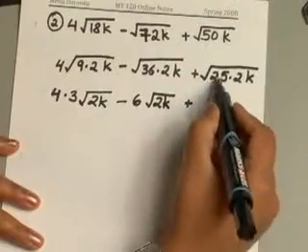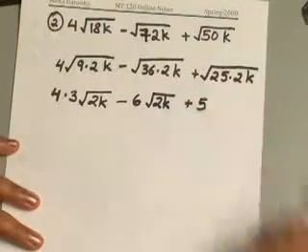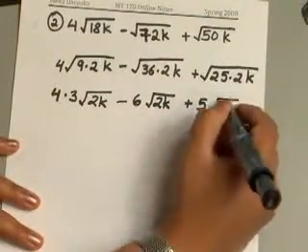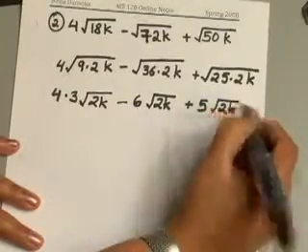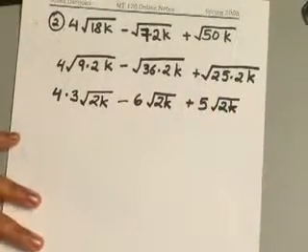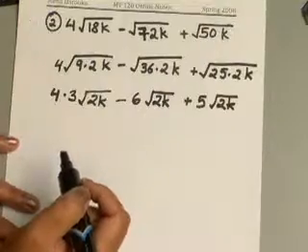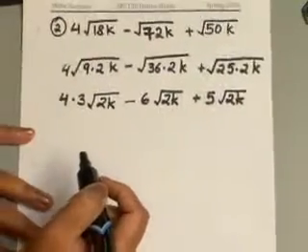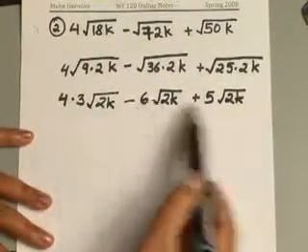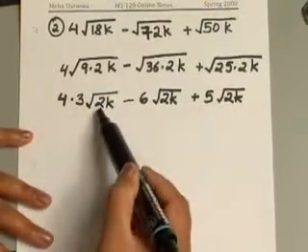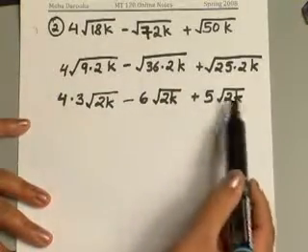Same thing on the last one. 25 will come outside of the square root as 5. And square root of 2k is what's left. Now again, just like we saw in the earlier example, you can see a similar pattern here. You have square roots on all your radicals, and then your radicand is 2k, 2k, 2k.